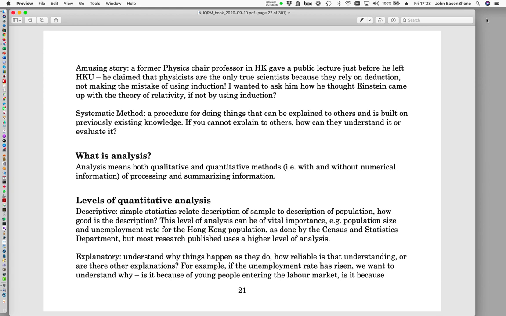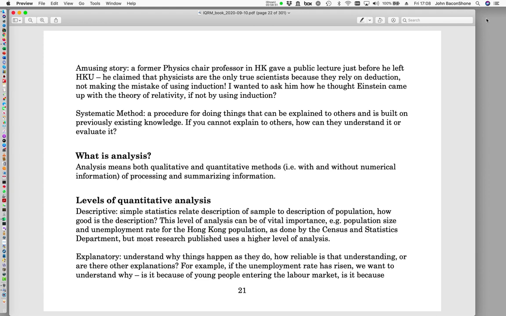So it may be that not too many people understand that idea originally, but at least in principle, we need to be able to explain that idea using some form of language. Now, of course, amongst mathematicians, if you're using some highly abstract mathematical concepts, maybe not too many people understand it, but at least hopefully some other mathematicians should understand it. So again, the key point is if nobody can understand your ideas, then clearly they cannot evaluate it either.